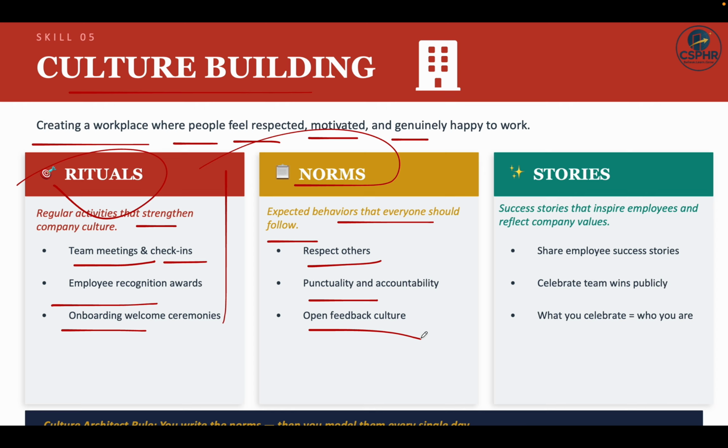So you should have this kind of culture. Then stories, success stories that inspire employees and reflect company values. Share employees' success stories, celebrate teams when they perform well. Then celebrations, birthday celebrations, anniversary celebrations. It creates a good environment.